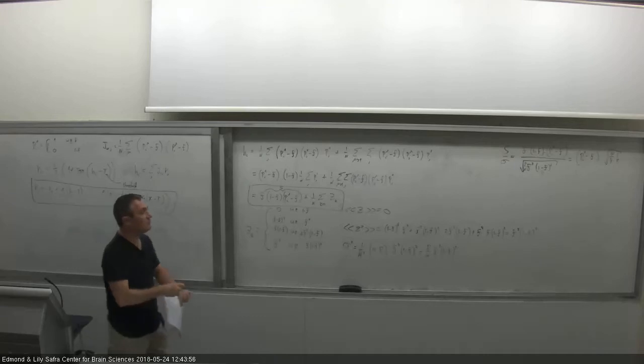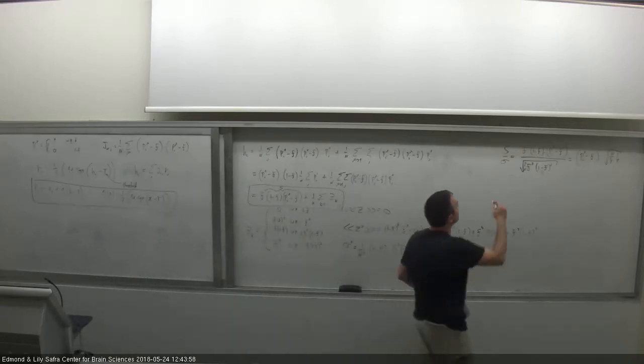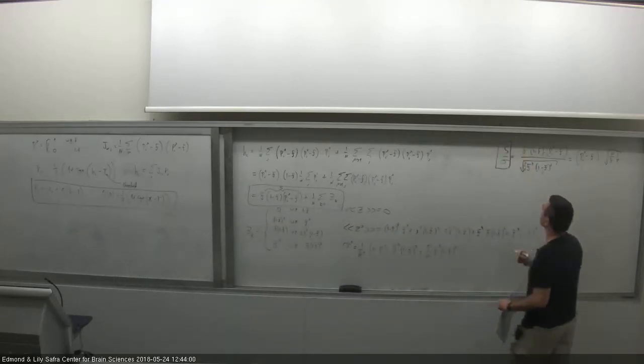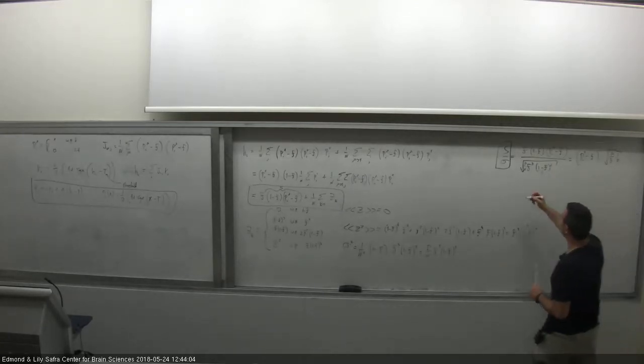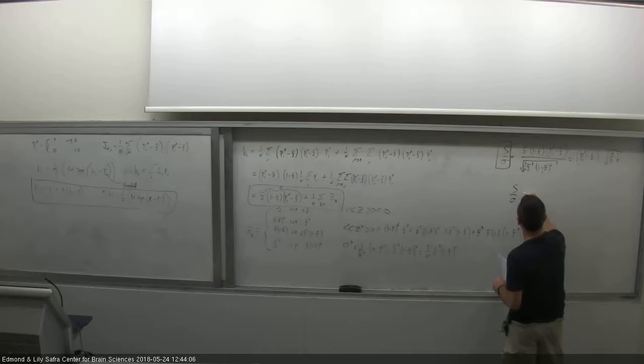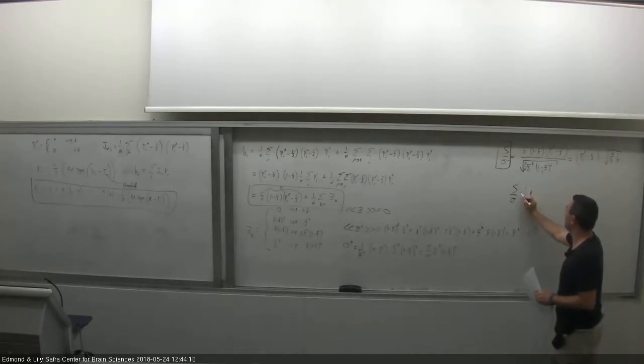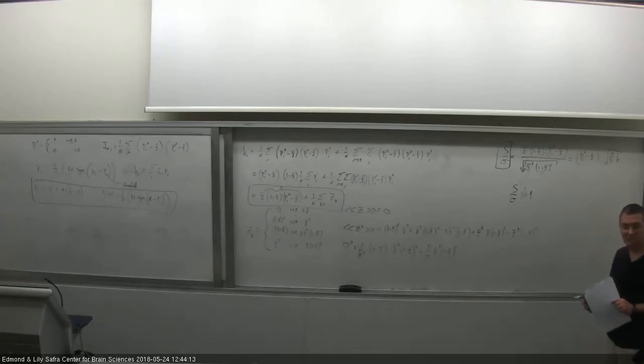So what do we want from this? Well, we want s over sigma to be larger than 1, or maybe much larger than 1, depending on our tolerance for error.